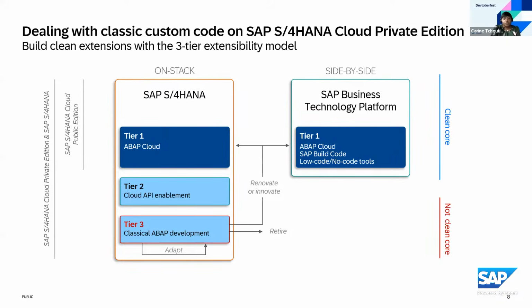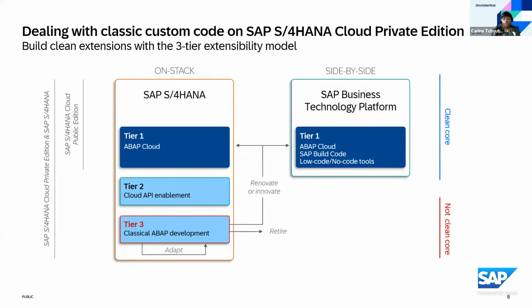So here it's all about stepwise transformation to the cloud, helping you to investigate which custom code should be retired because it is no longer used, or because maybe a standard solution is provided, or how to adapt, renovate, and innovate your code going in the direction of tier 1.